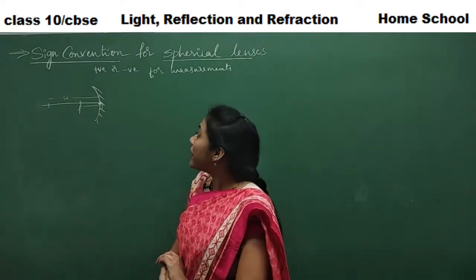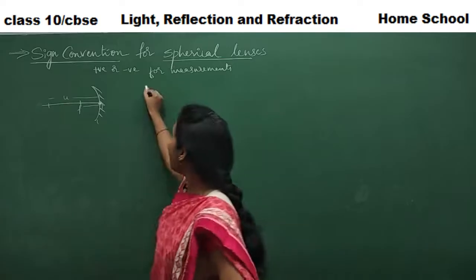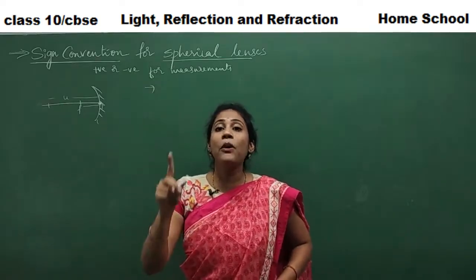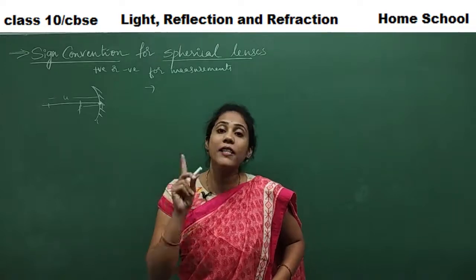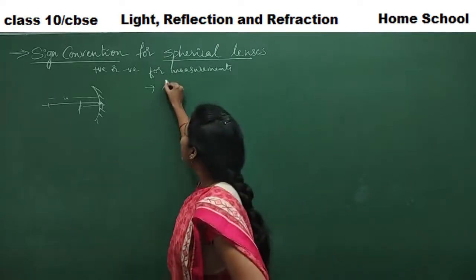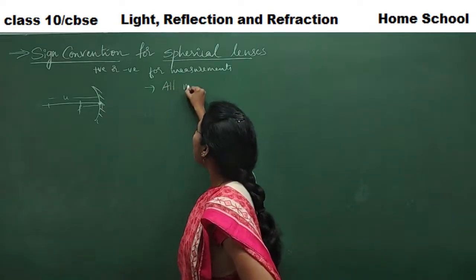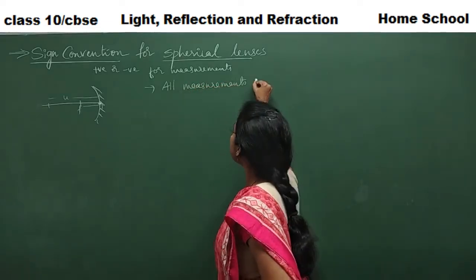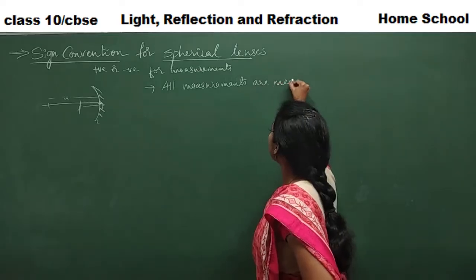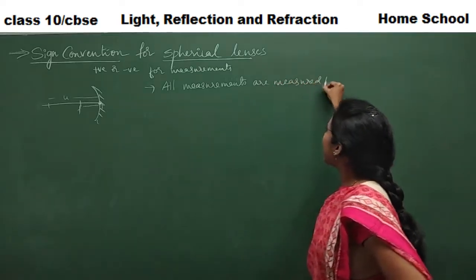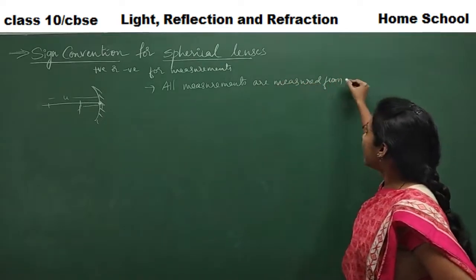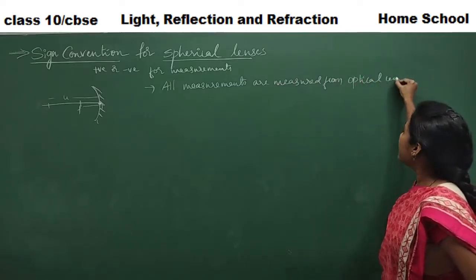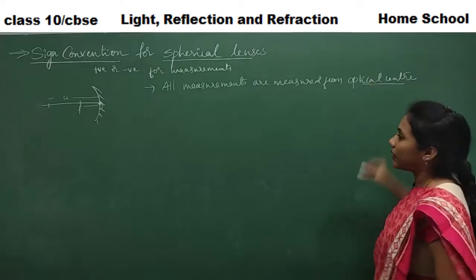Like that, in case of lenses, remember all measurements are measured from the optical center, that is O. So write this point carefully: all measurements are measured from the optical center. This is a very important thing.